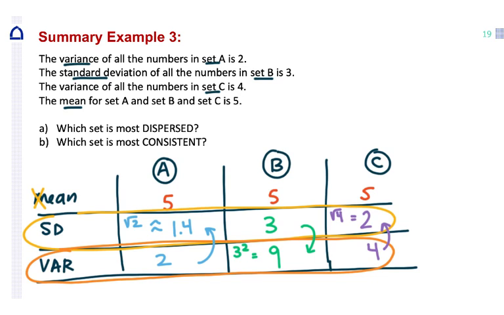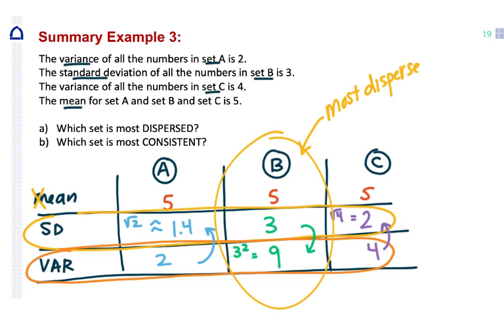So now then they ask us what set is the most dispersed. That means the most spread out. So which measure of dispersion is the biggest. In this case, the standard deviation and the variance are biggest here. So this set B is the most dispersed.